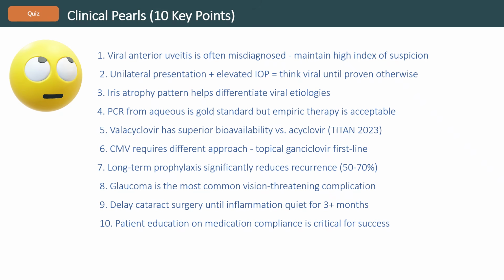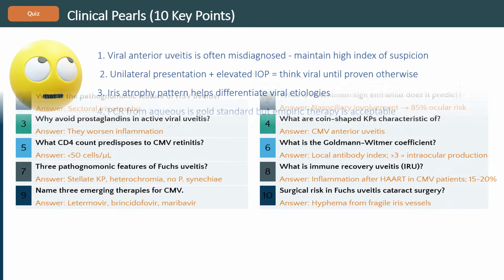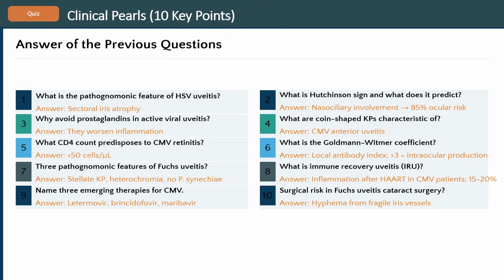When you find a unilateral presentation with high IOP, always think of viral uveitis, and also other pattern recognition in the form of iris atrophy or any other specific type of keratic precipitates. Also keep in mind that the final confirmation is by the use of PCR, and the other important points that we have discussed here, keeping in mind the possible complications that the patient might have from this viral uveitis.